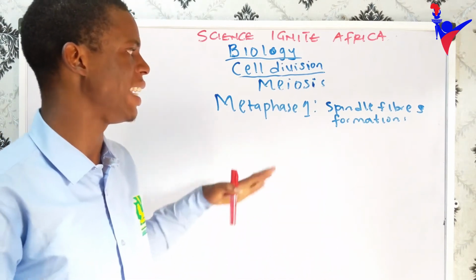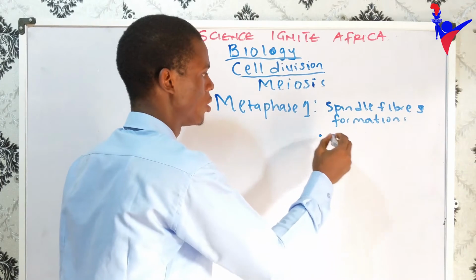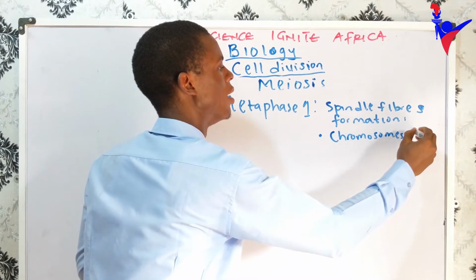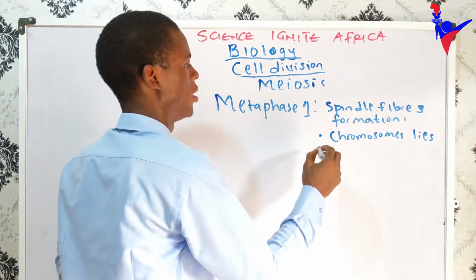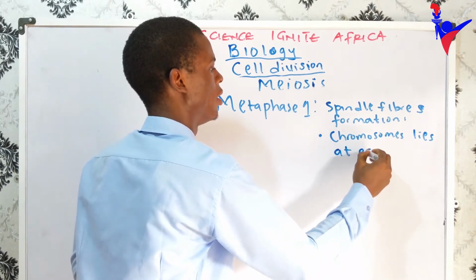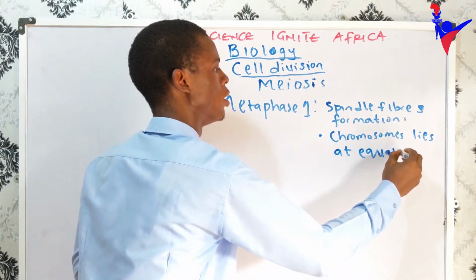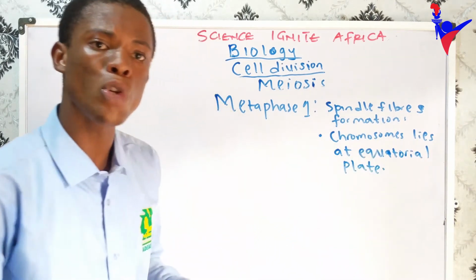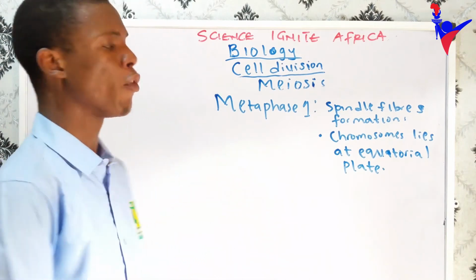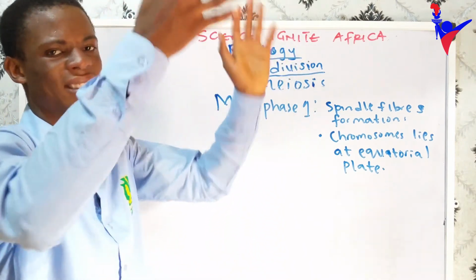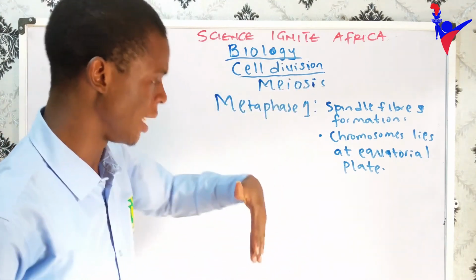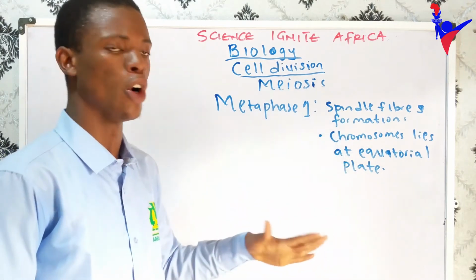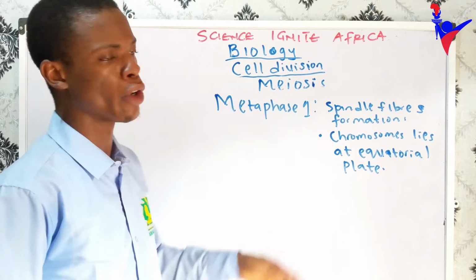What is happening is that the chromosomes lie at the equatorial plate of the cell. Equatorial means the central, the middle of the cell. So you have the formation of spindle fibers, and the homologs lie at the equatorial plate.